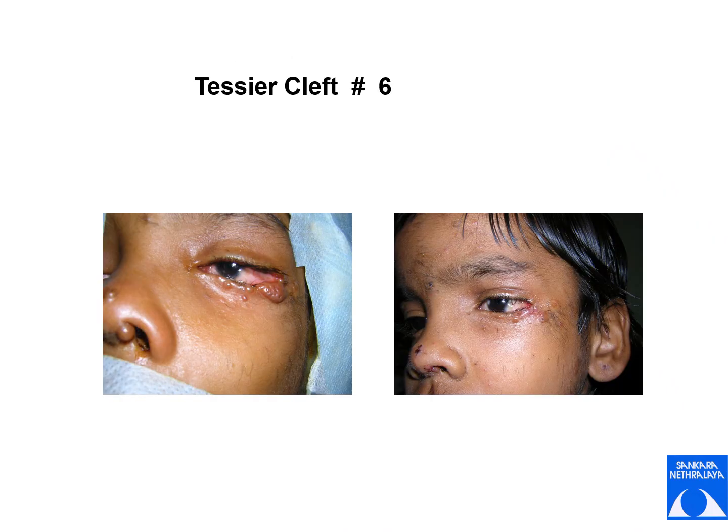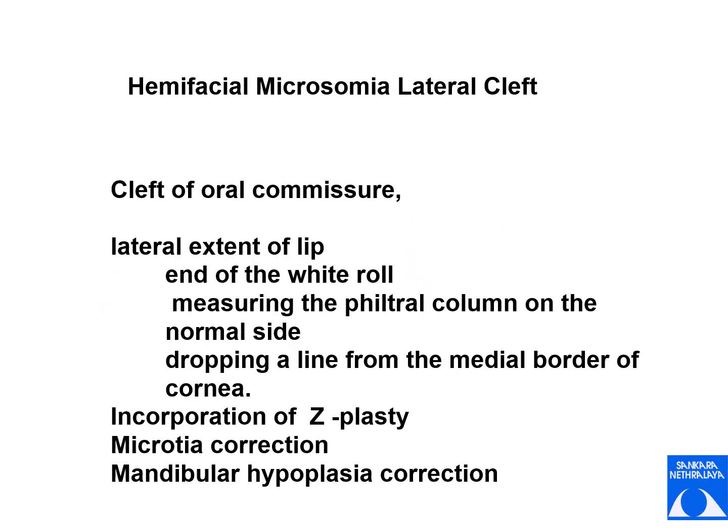Tessier cleft number 6, hemifacial microsomia lateral cleft, cleft of oral commissure, lateral extent of lip, end of the white roll, measuring the philtral column on the normal side, dropping a line from the medial border of cornea, incorporation of Z-plasty, microtia correction, and mandibular hypoplasia correction.